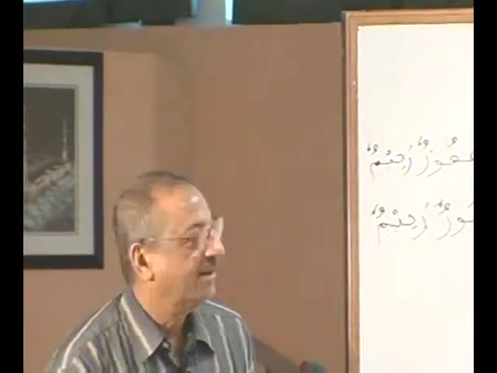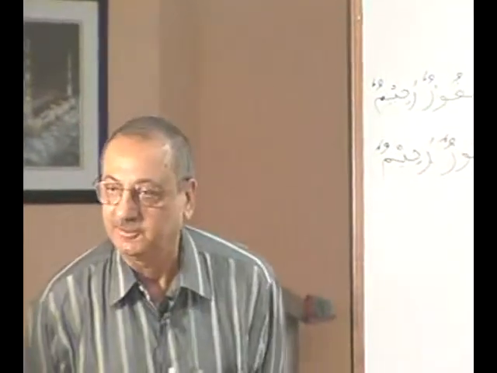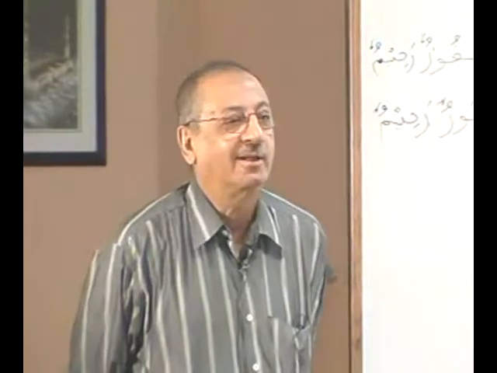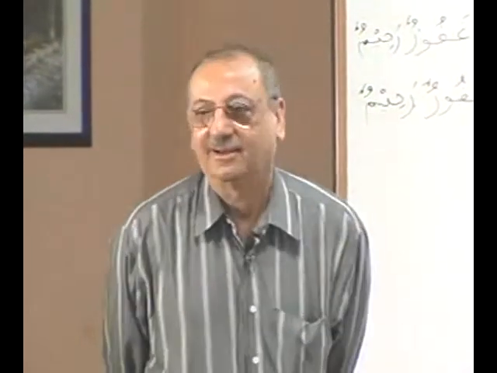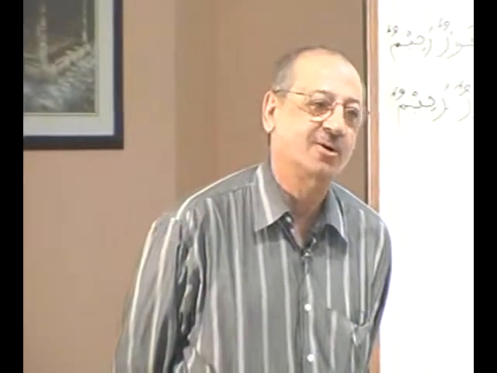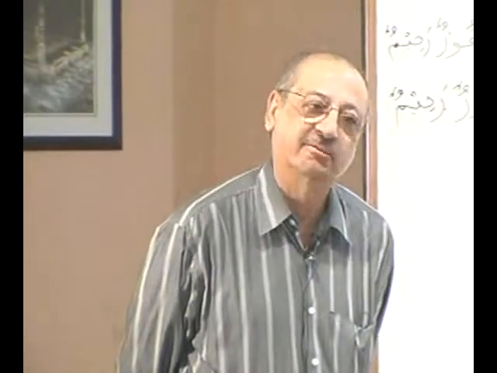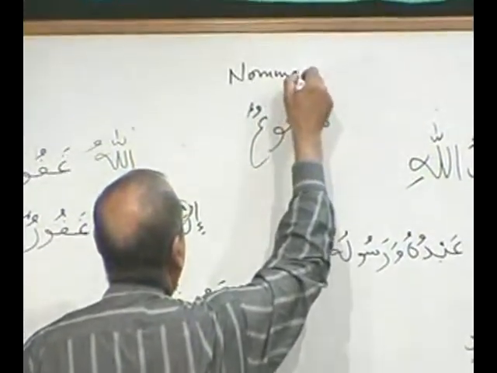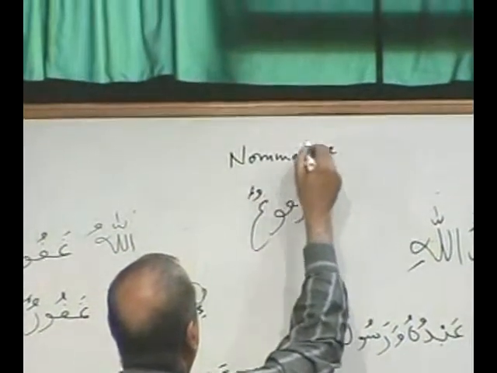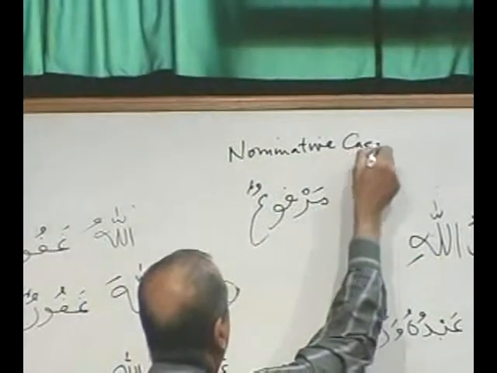Okay? What do you call it in English? You will call that it is in nominative case. Brother, if you are comfortable, we will use some English terms, but later on you will be most comfortable with Arabic terms. Marfu is nominative case. Okay?